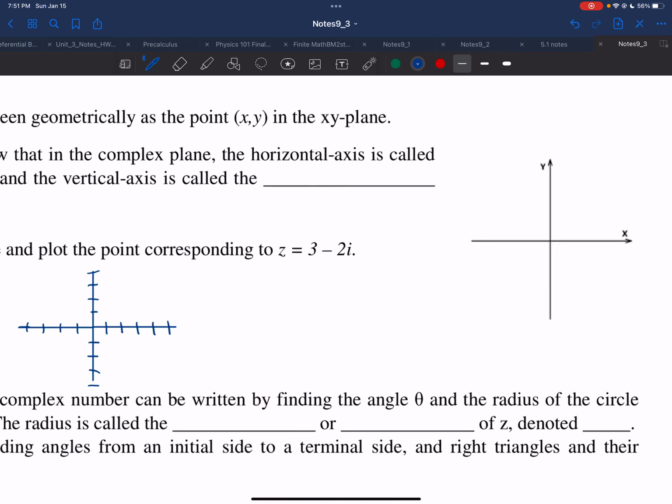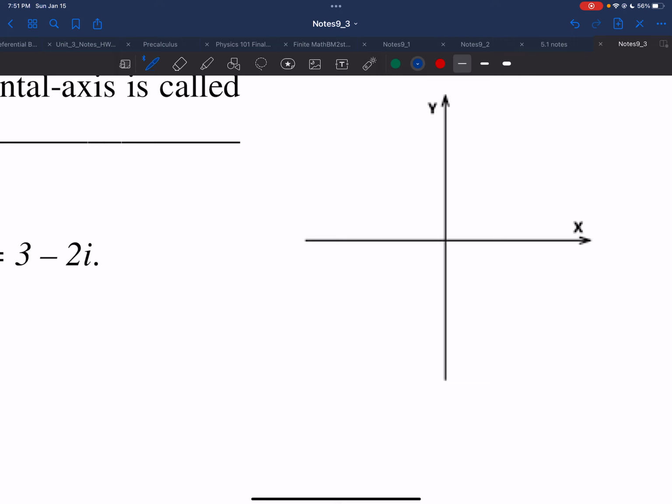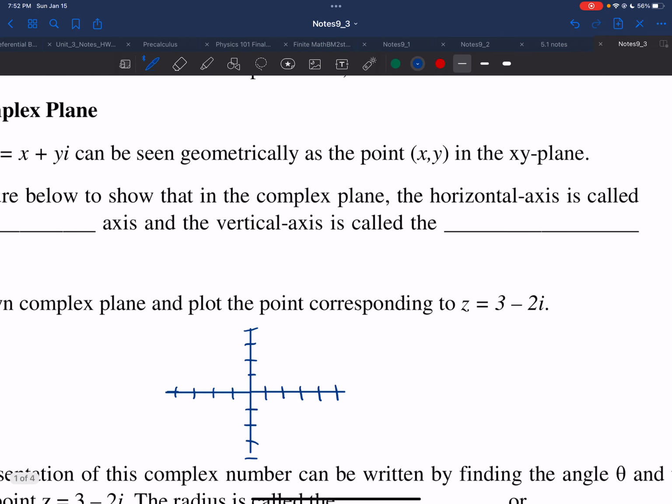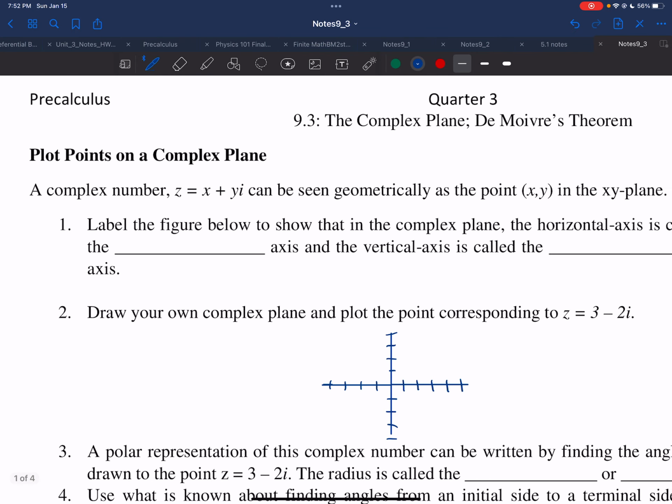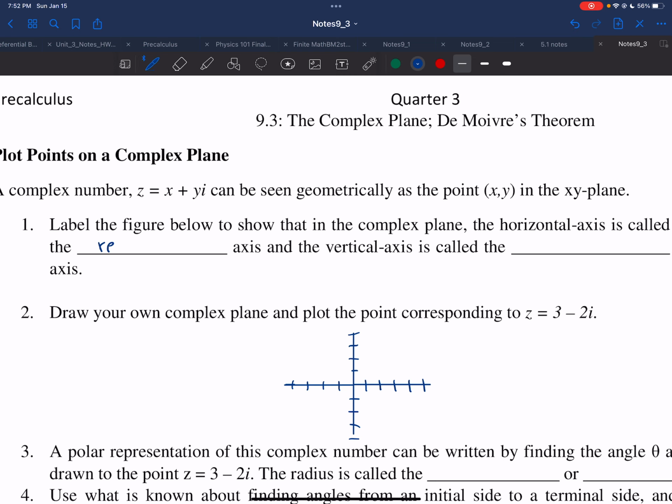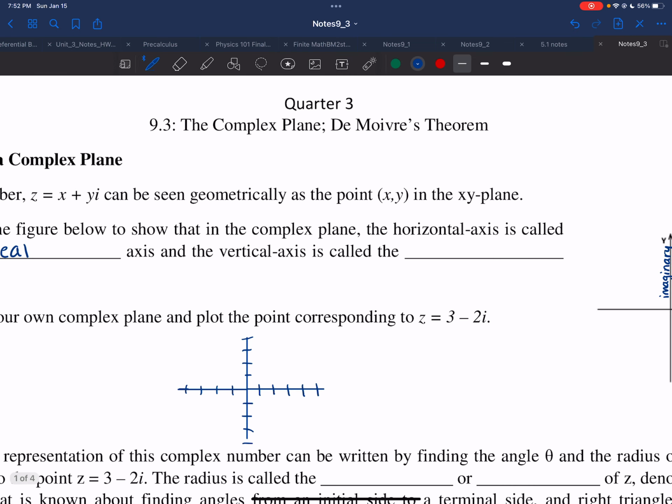When we have one, our x-axis is going to contain the real numbers, and my y-axis has the imaginary. Okay, so let's go ahead and fill that in here. The horizontal axis is called the real axis, and the vertical axis is called the imaginary.